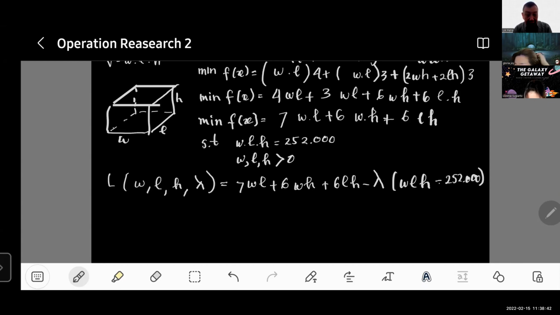And then now you take the partial derivative with respect to W, to L, to H, and to lambda.